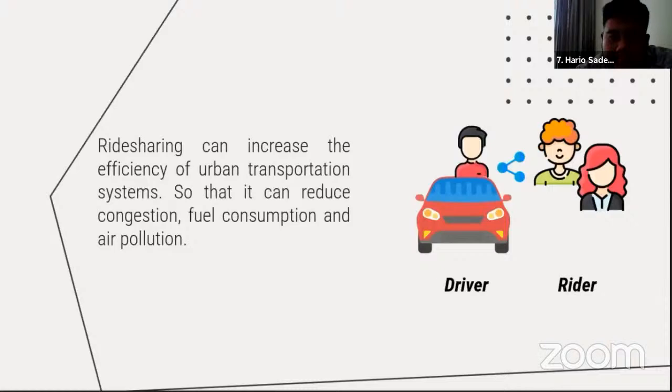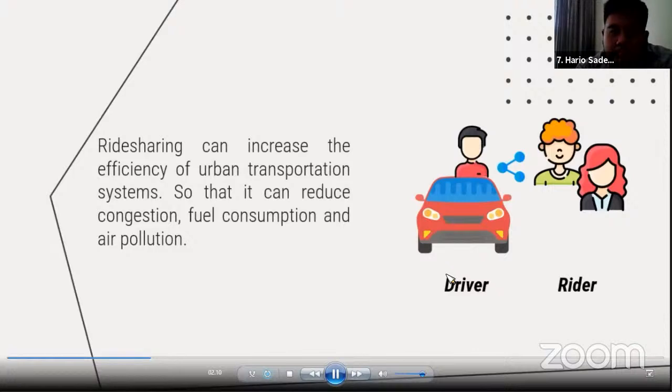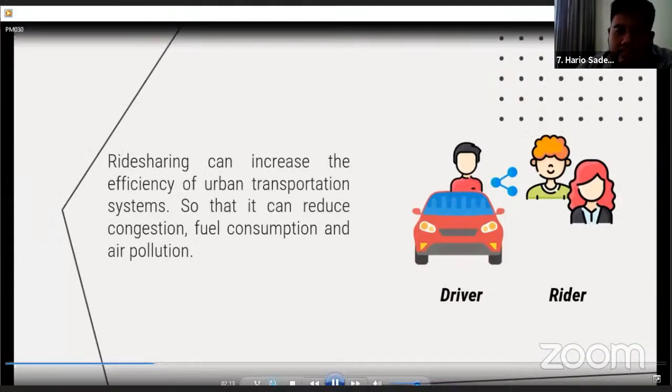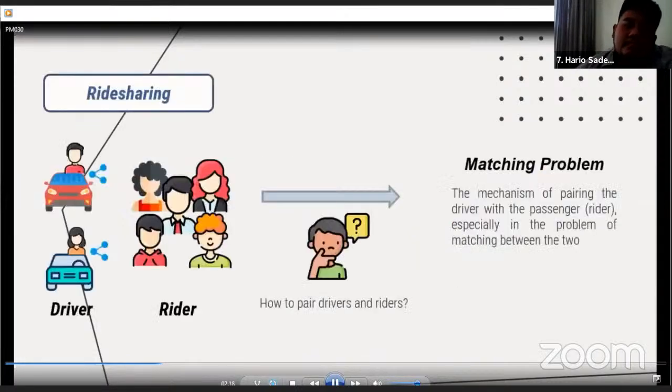Ride-sharing can increase the efficiency of urban transportation systems so that it can reduce congestion, fuel consumption, and air pollution. Ride-sharing is how to pair drivers and riders between the two.